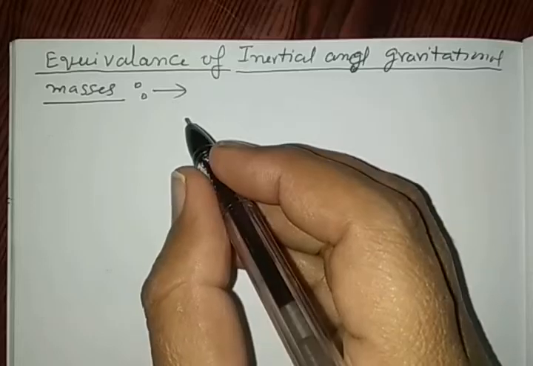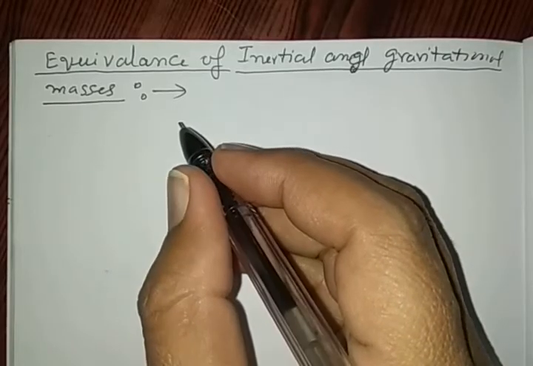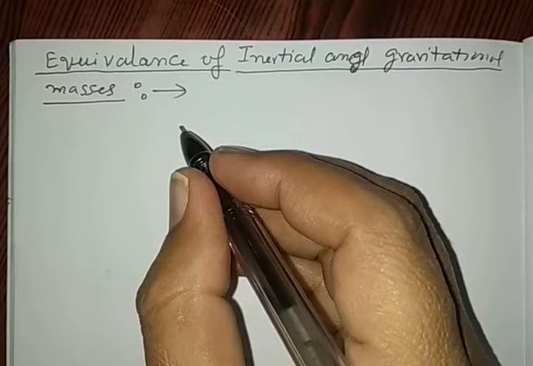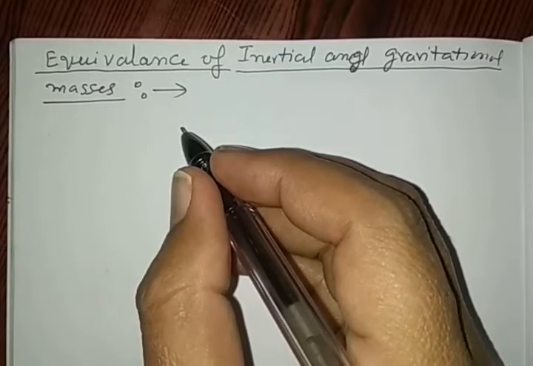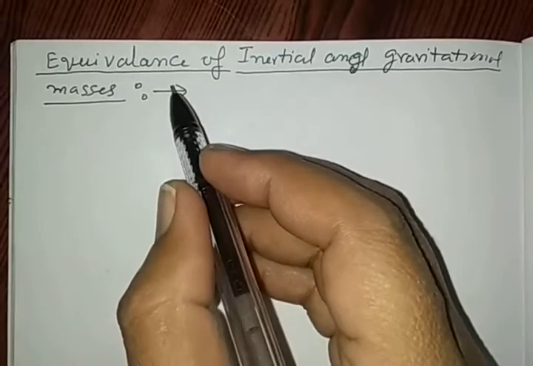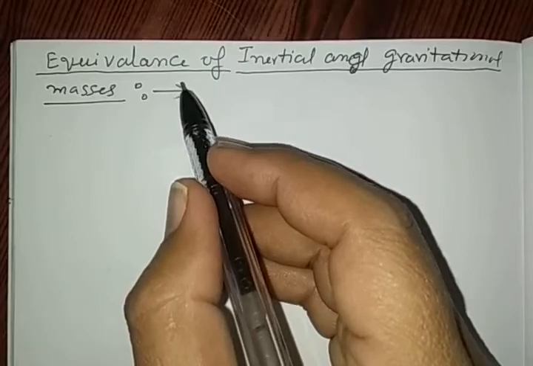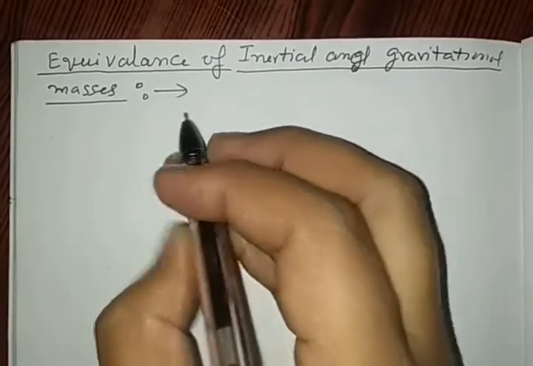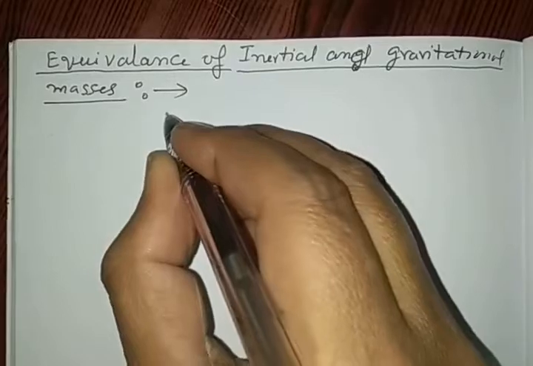So, we are going to see a topic, equivalence of inertial and gravitational masses. To see the equivalence between inertial mass and gravitational mass, let us consider this example.